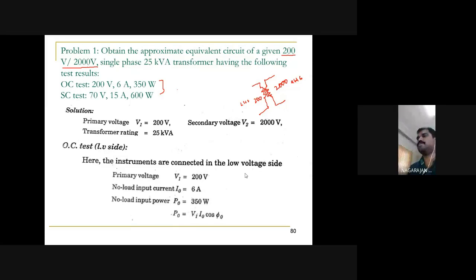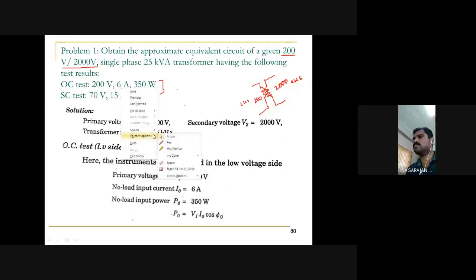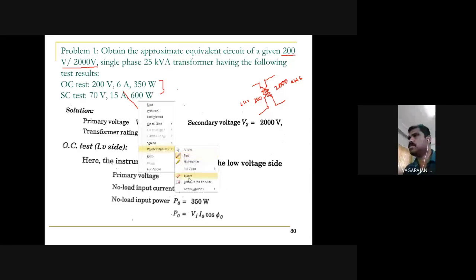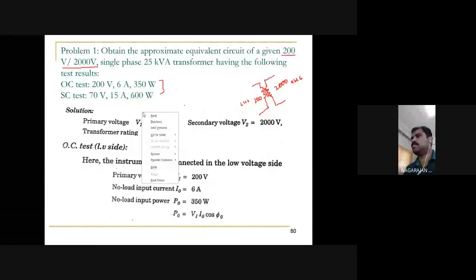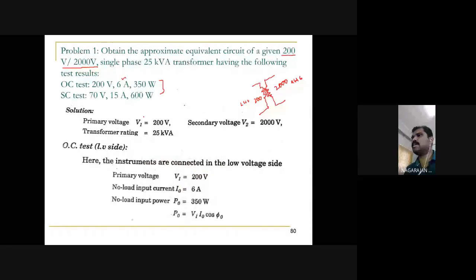So what data are given? The primary voltage is 200 volts, so that value has been directly written. The 6 amperes is the no load current and 350 watts is the no load power.